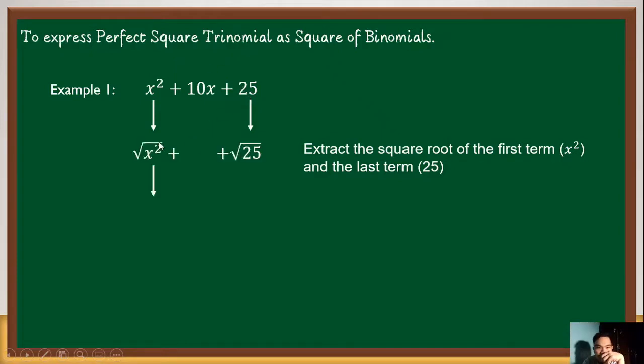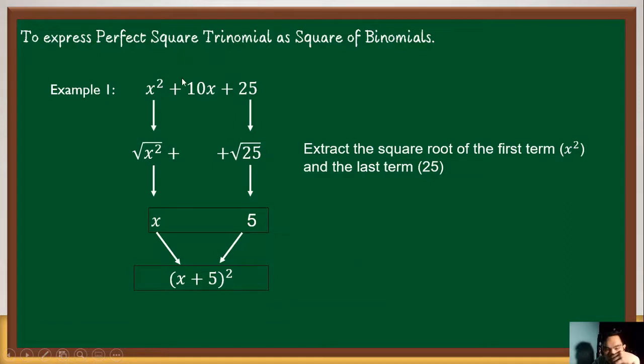So kukunin natin yung square root nilang dalawa. Square root of x squared is equal to x, while the square root of 25 is equal to 5. Then pagsasamahin natin yung x and 5 inside the parentheses. Okay? Then, para naman dito sa operation ng binomial, kokopyahin lang natin kung ano yung sign ng middle term.